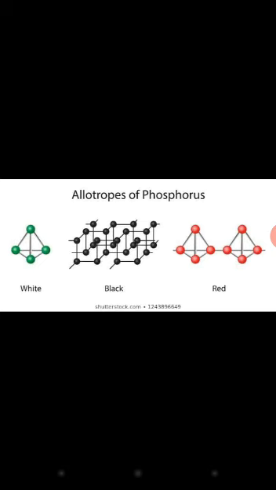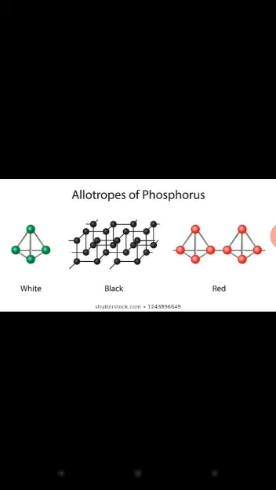White phosphorus consists of tetraatomic molecules, or normally P4, that are not bonded to each other, whereas in red phosphorus P4 molecules are bonded to one another in long chains.